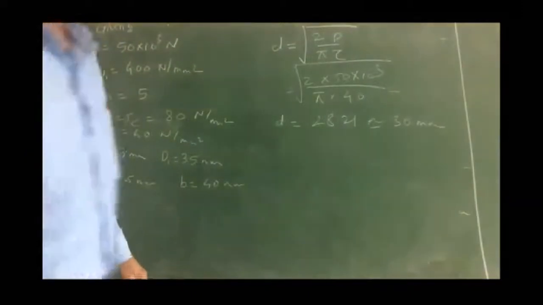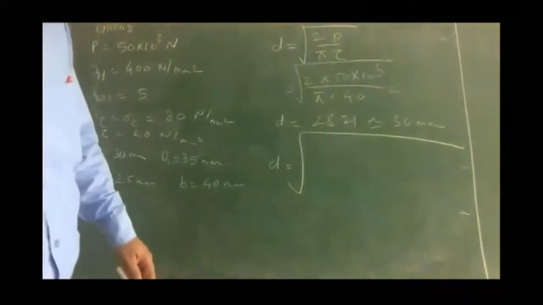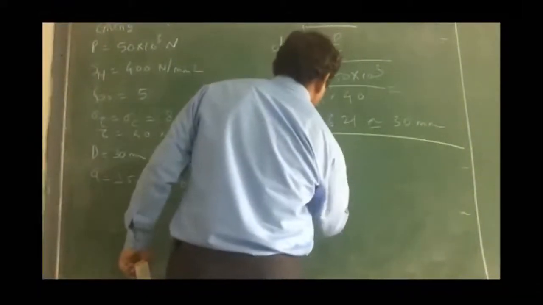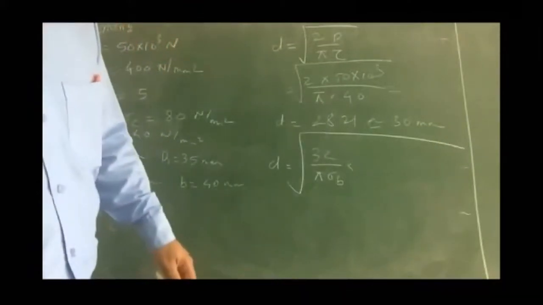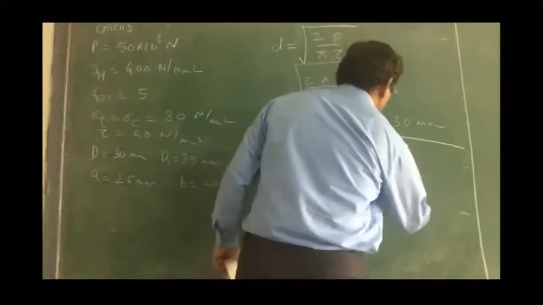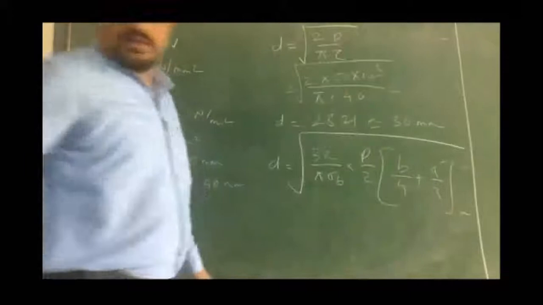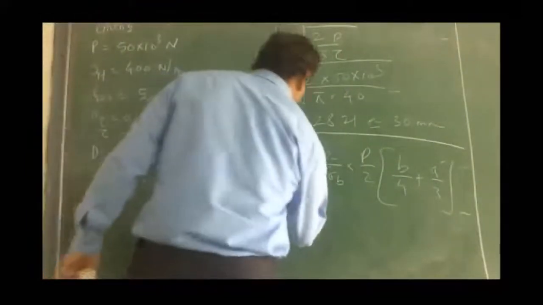Going to the second formula, the formula for bending: d cubed is equal to 32 upon pi sigma B into the bending moment, P by 2 into B by 4 plus A by 3. Using this equation, we solve for bending.